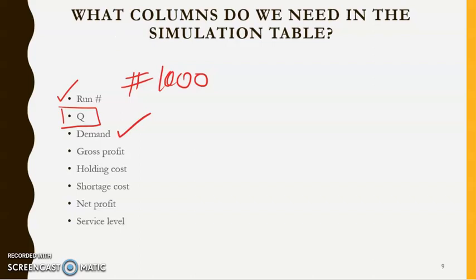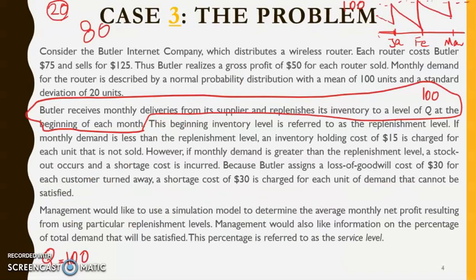If I want to show you what was the demand, here we have all the description, I guess. Okay, where is the demand? As you can see here, the monthly demand for the router is described by a normal probability distribution with a mean of 100 units and a standard deviation of 20 units.